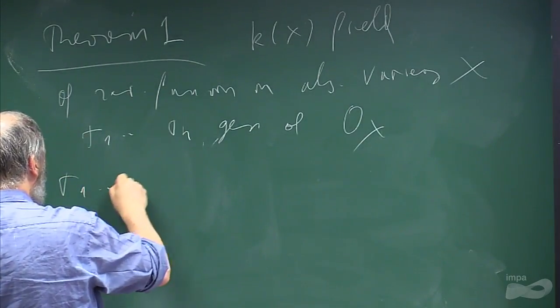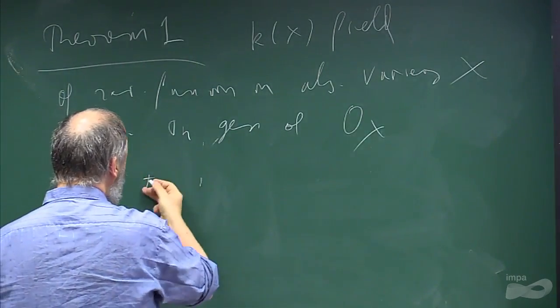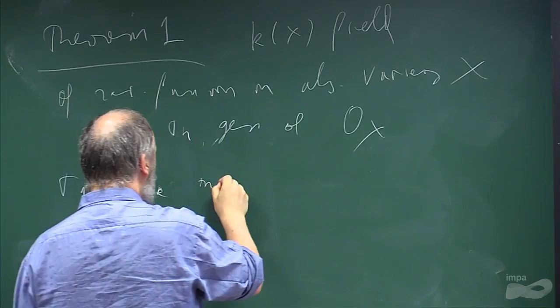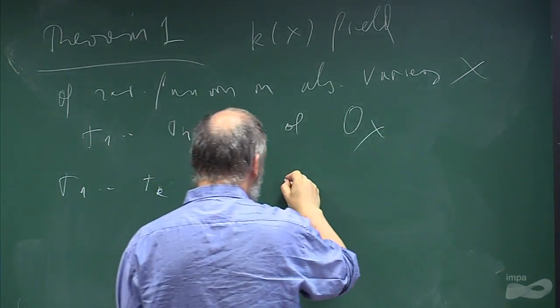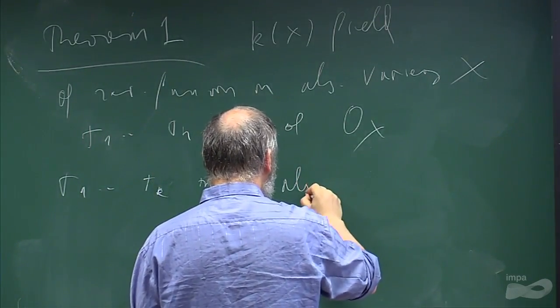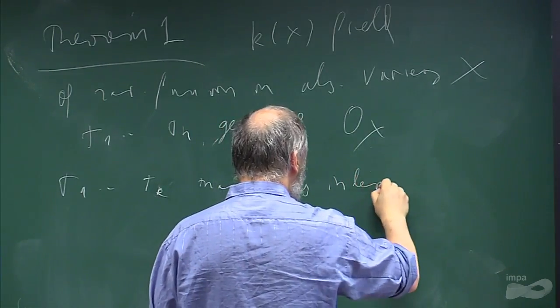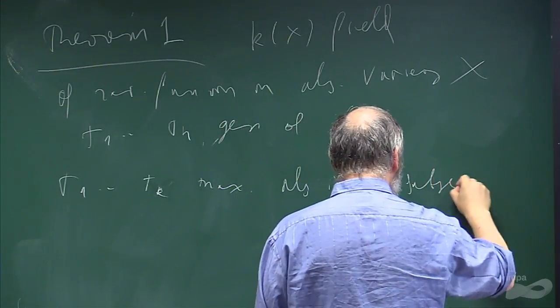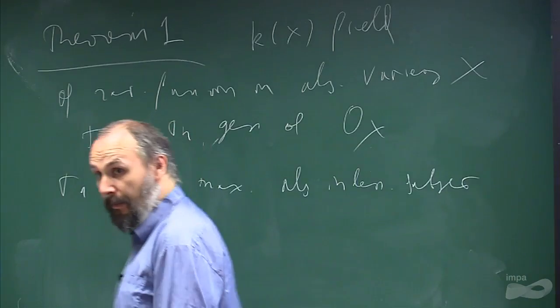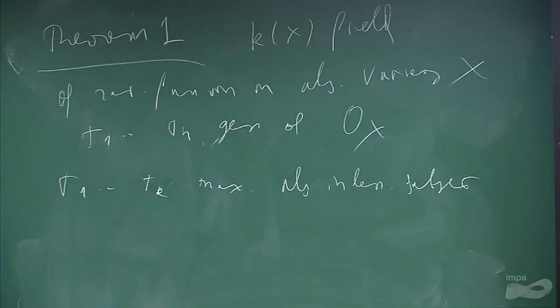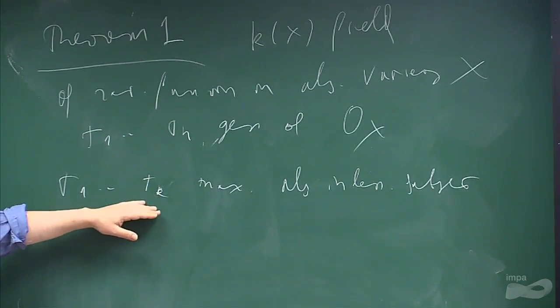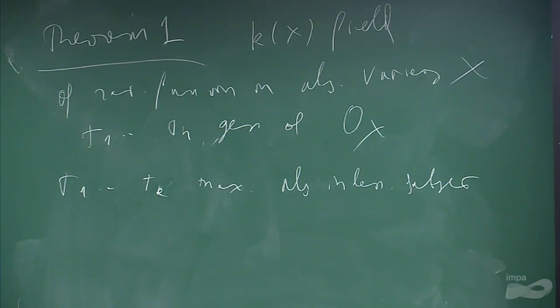So T1 dot Tk is a maximal algebraically independent subset. So it's really a transcendence basis, because the rest of the elements are algebraically expressed through these.